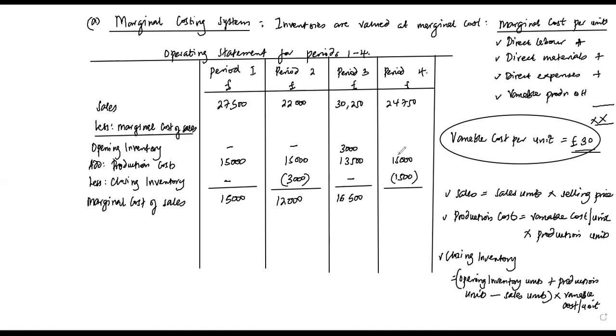In period 4, no opening inventory, simply because in period 3 there was no closing inventory. Then the marginal cost of sales would be 13,500, because 10,000 minus 1,500 gives us 13,500. So those are the marginal cost of sales.